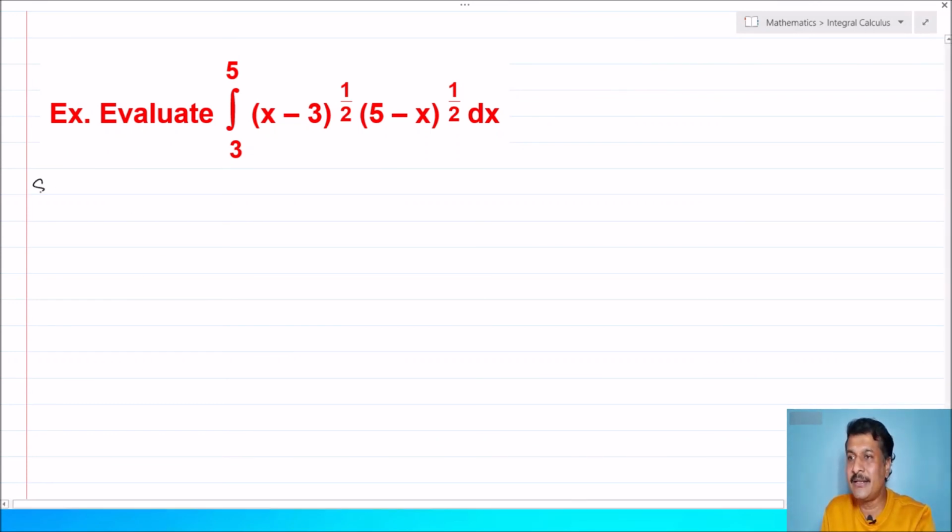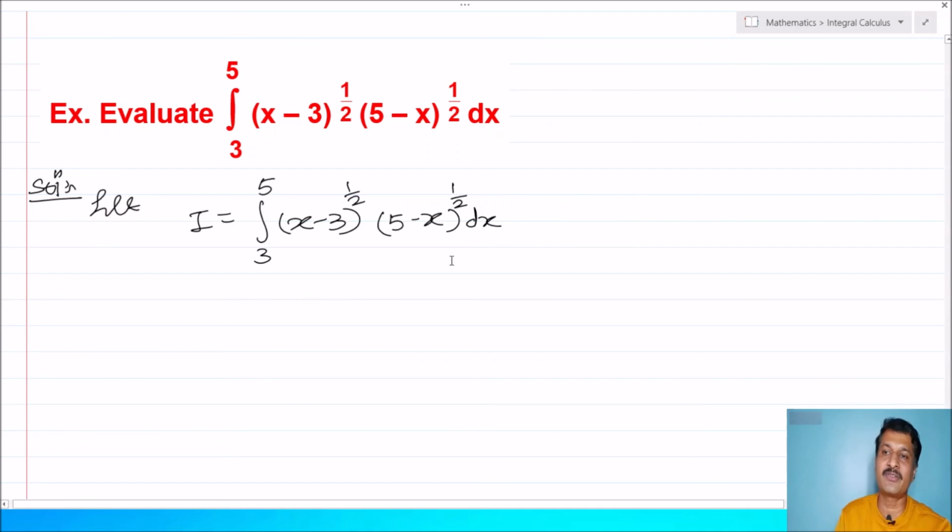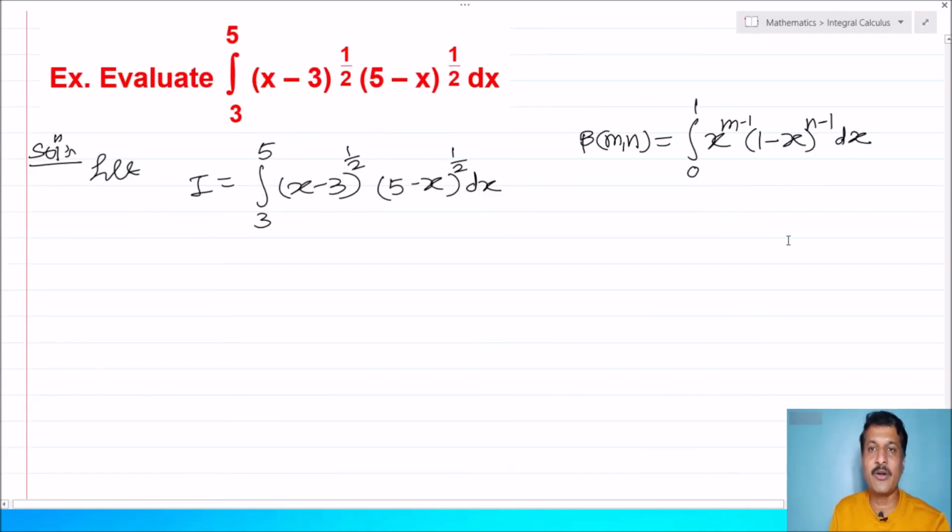So similar, that is why I know now what is the substitution here. So let I equal to integration 3 to 5 (x minus 3) raised to half and (5 minus x) raised to half dx. If we relate this with the definition of beta function, this is the definition of beta.